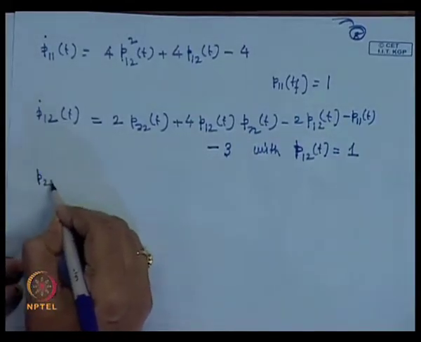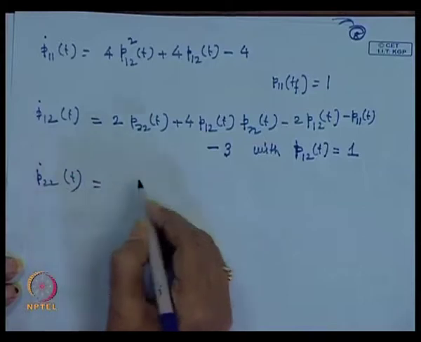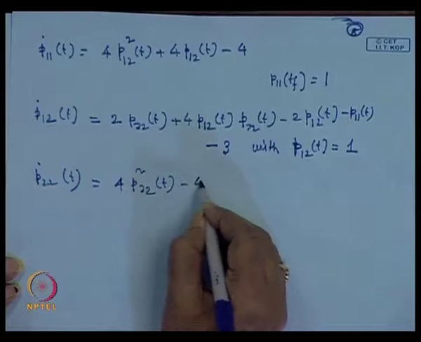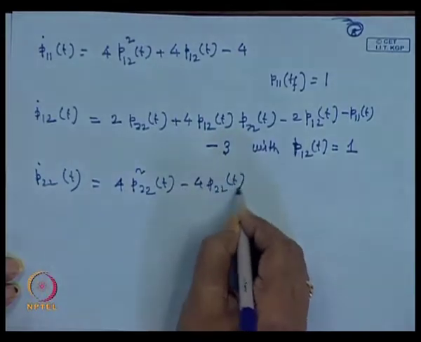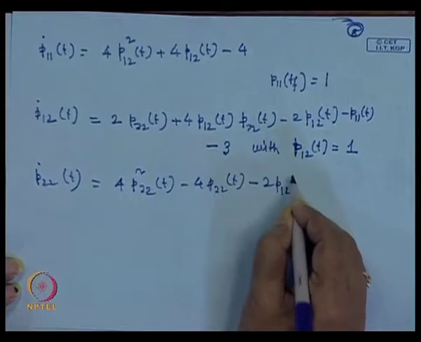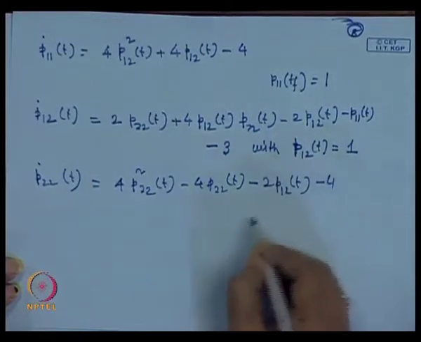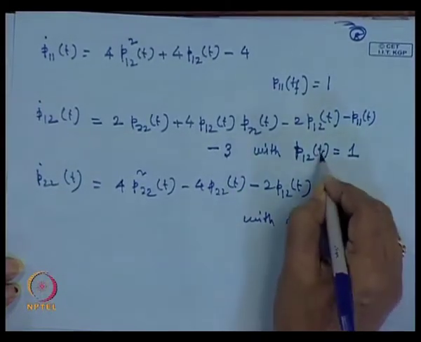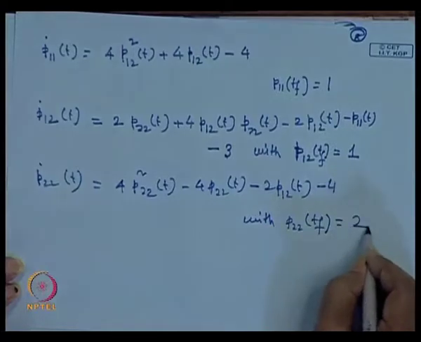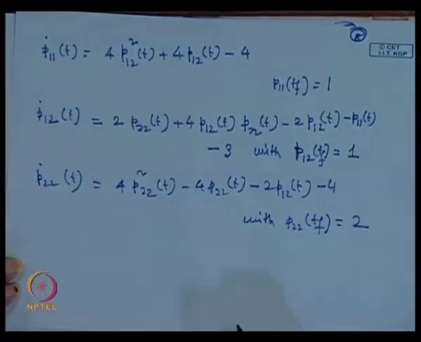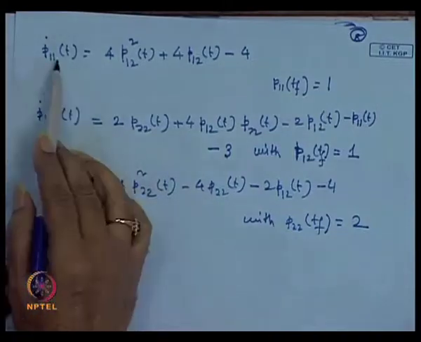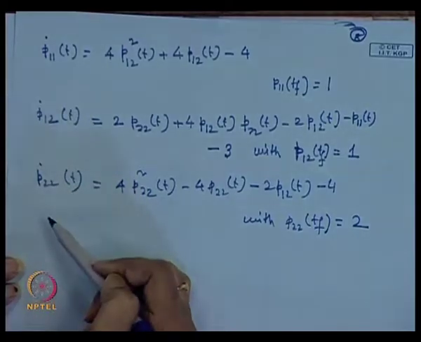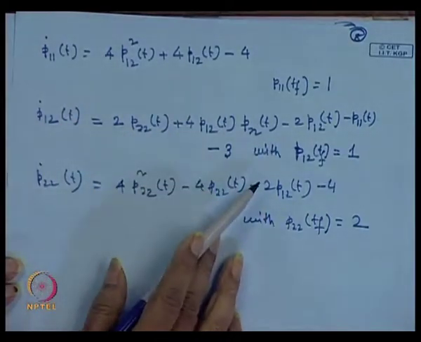Then P22 dot of t, you will get 4 P22 square of t minus 4 P22 of t minus twice P12 of t minus 4, with P22(tf) equal to 2. Agree? So you see there are 3 first order differential equations, but they are coupled to each other, and we have to solve them.